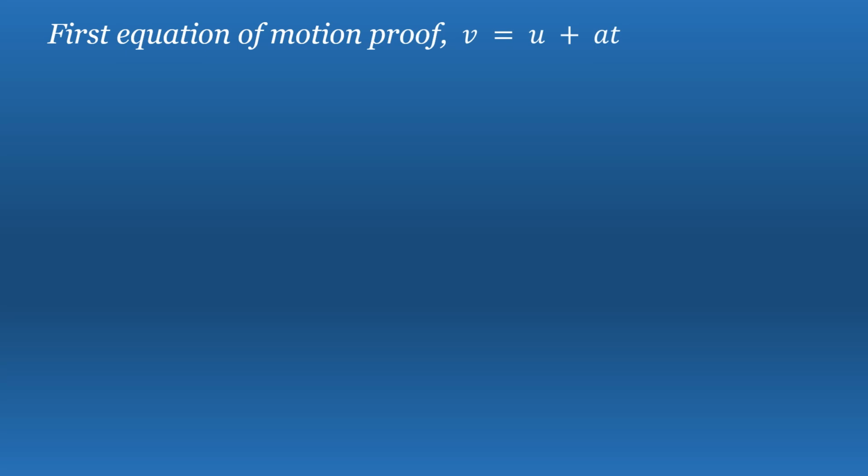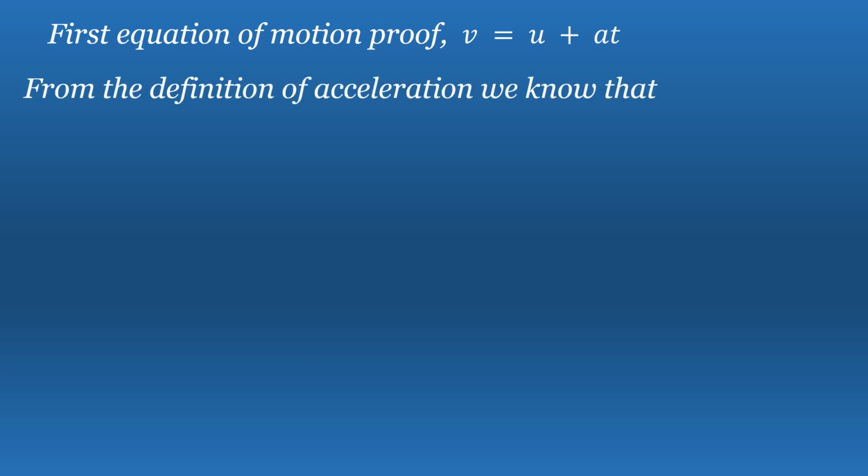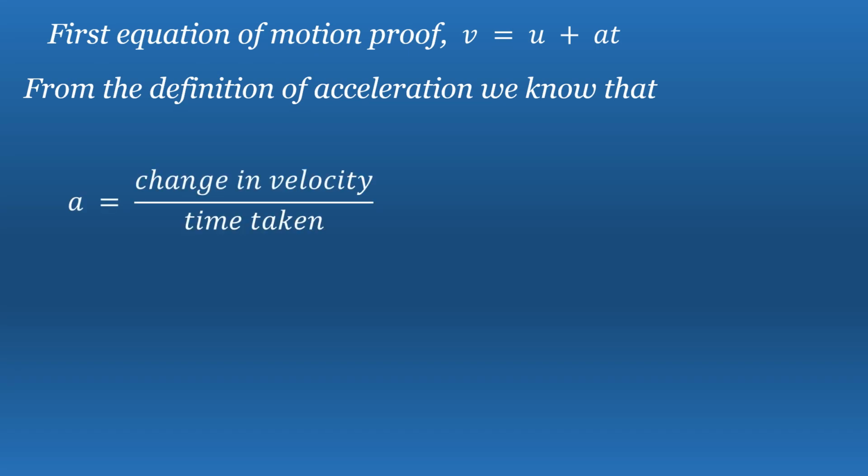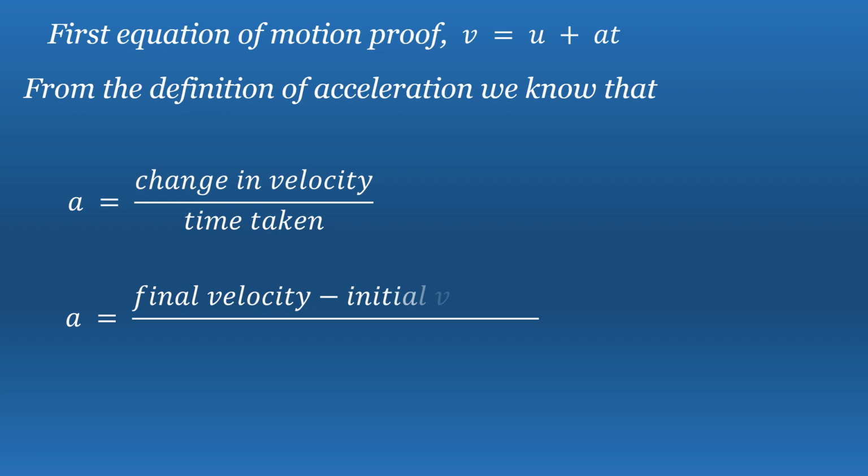First, we will discuss the proof of the first equation of motion, that is v is equal to u plus at. From the definition of acceleration itself, we can prove this. We know that acceleration is equal to change in velocity divided by time taken. Change in velocity is final velocity minus initial velocity.